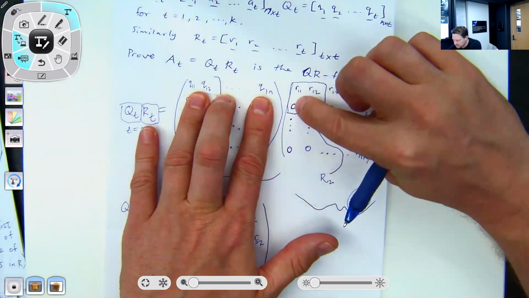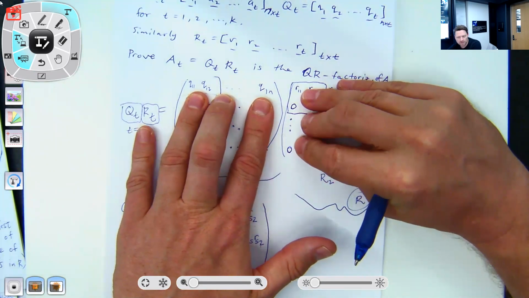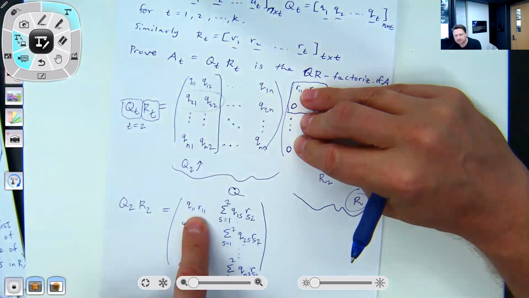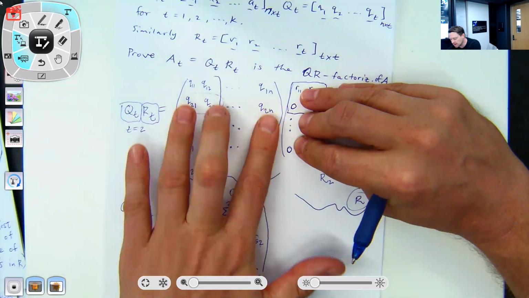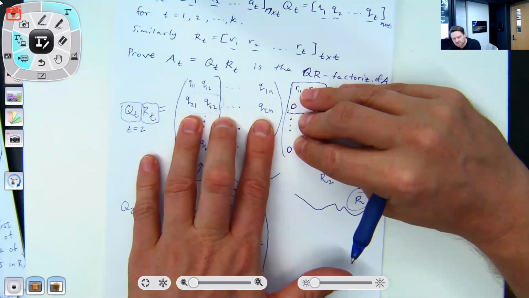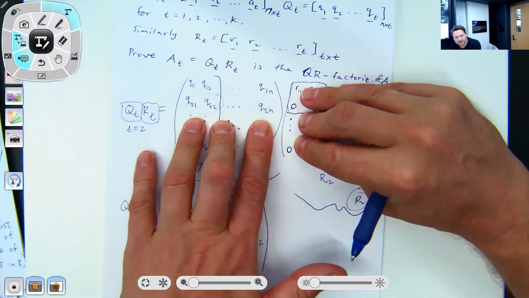Because of all those zeros down there, we still end up with Q11, R11, right? And so we actually have the same thing as that. Okay, now we continue on. We go to the second row times, so if I'm doing it this way, I'm talking about the entry below it, right?